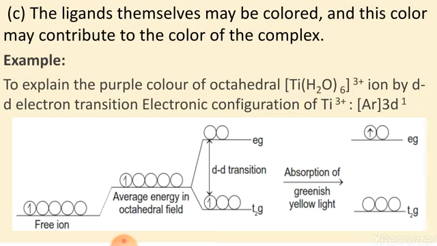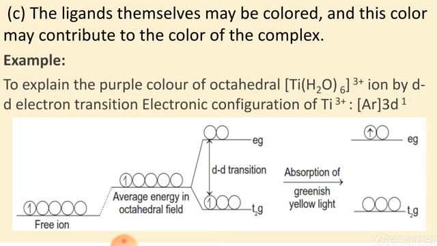Those orbitals along the axes have more repulsion from the electrons of the ligands and the electrons of titanium. That's why they split from the lower energy d orbitals and form two types of orbitals. The lower energy orbitals are known as T2g orbitals, and the higher energy level is known as Eg orbitals. The T2g contains 3 orbitals and Eg contains 2 orbitals, and this is also known as d-d transition.